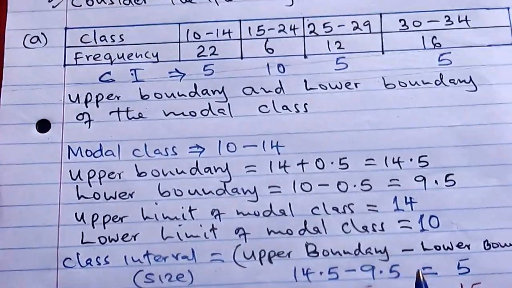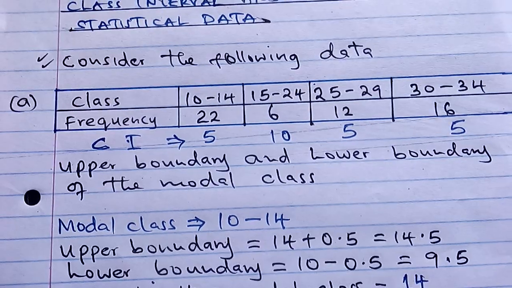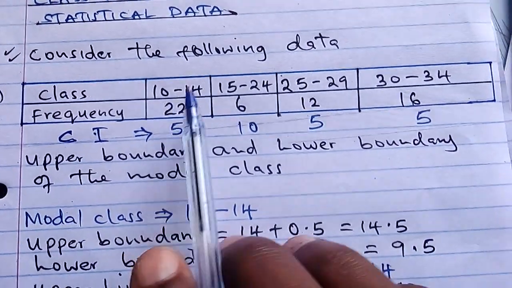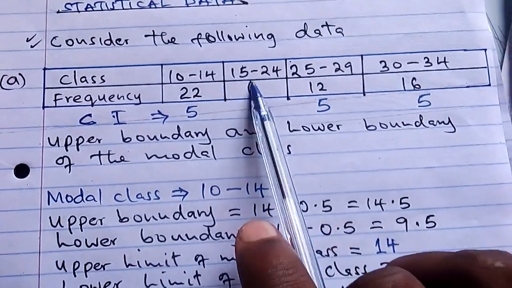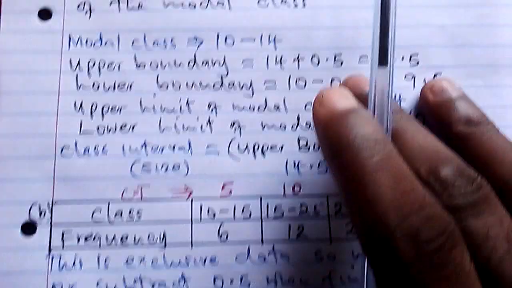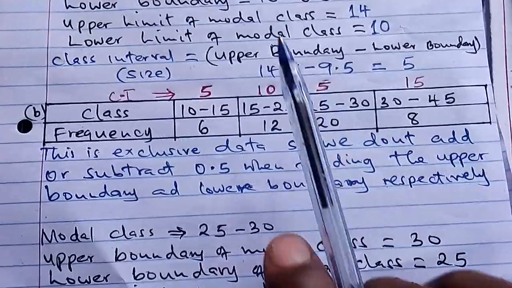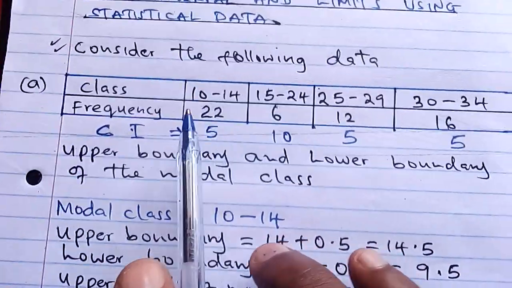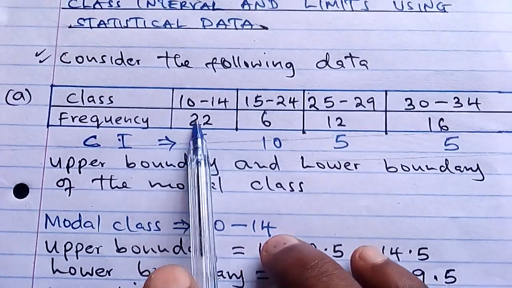So beginning with the first data, I'm going to start by giving the difference between the first data and the second data here. If you look at the first data, it is an inclusive data.